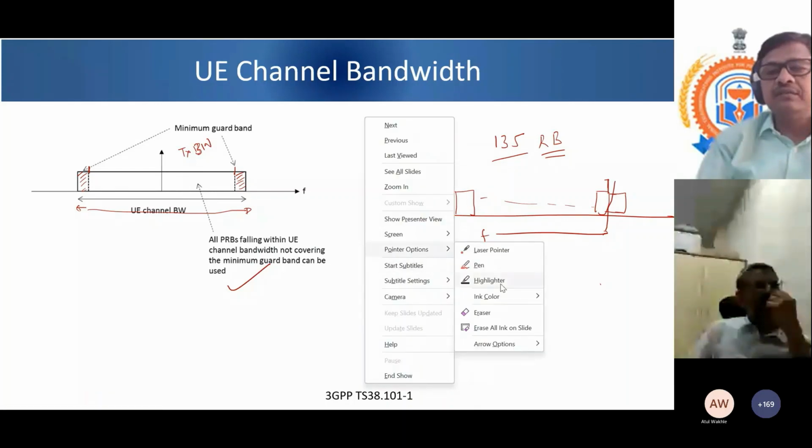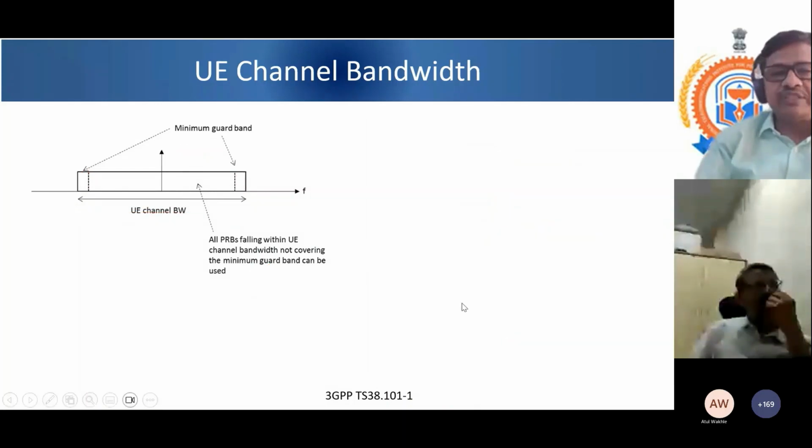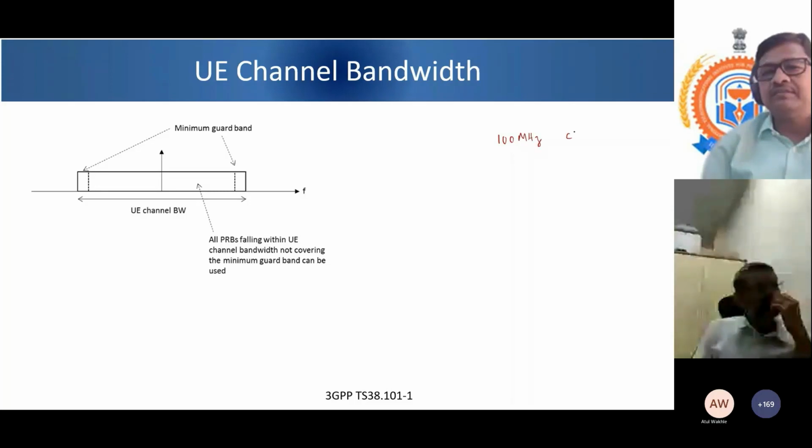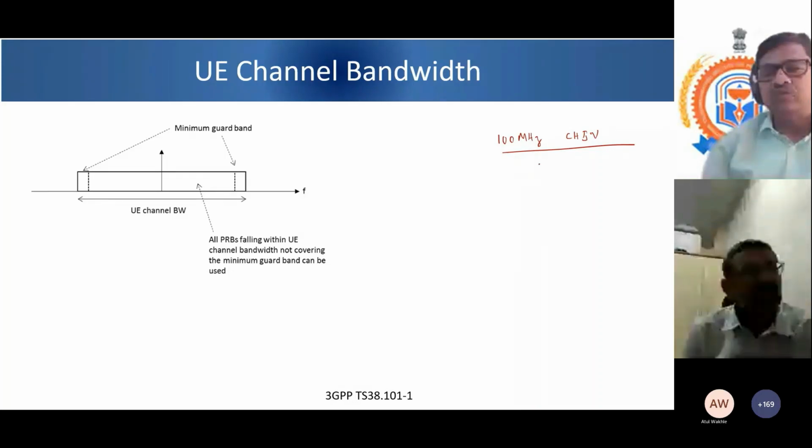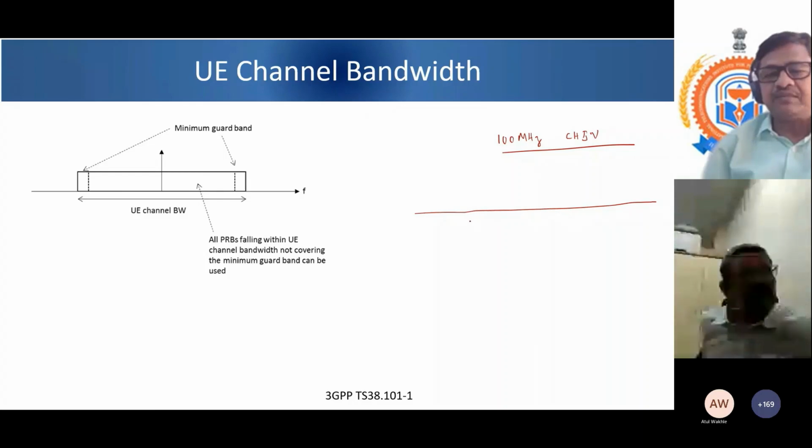Let me erase them. Okay, what I'm trying to say, suppose you have, say, 100 megahertz of channel bandwidth, and with 100 megahertz, now suppose you want to use this, so you will divide into subcarriers and also divide into RBs. I mean, 12 subcarriers is RBs.